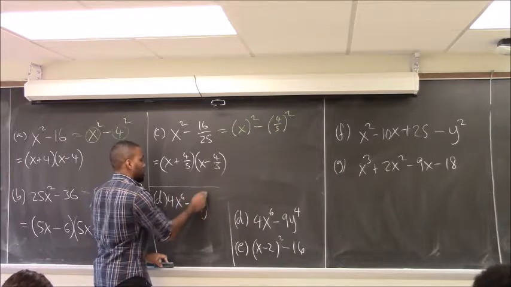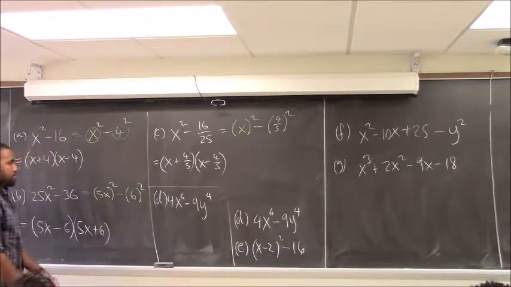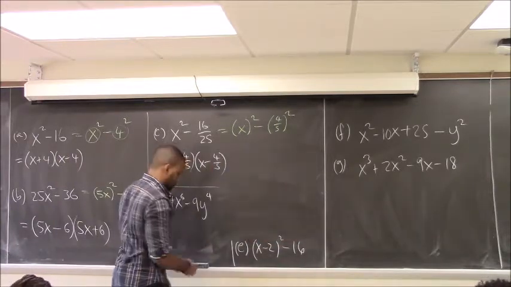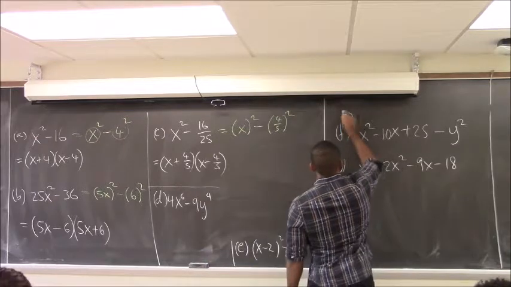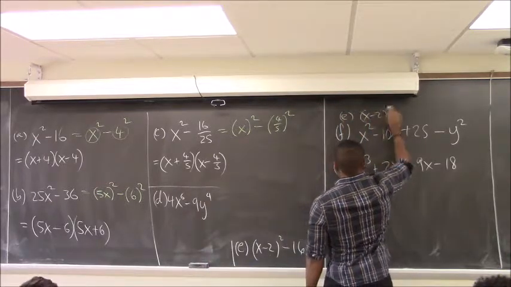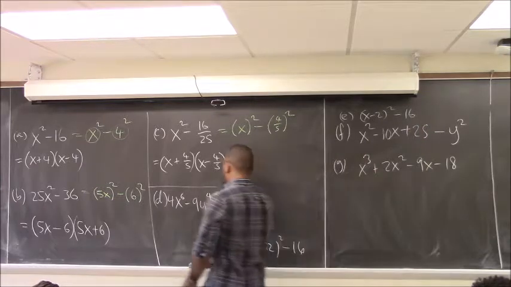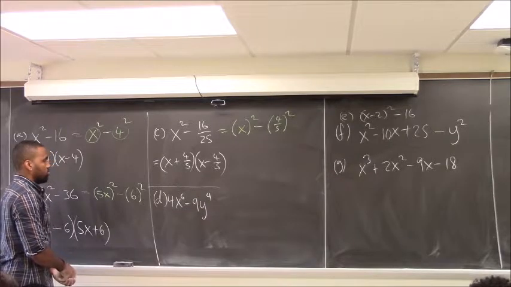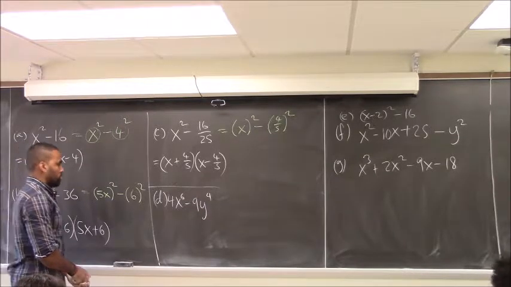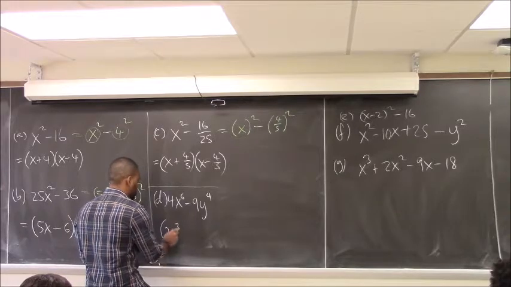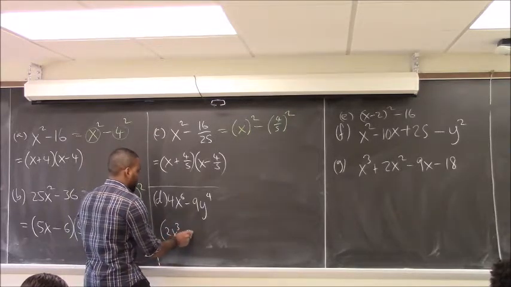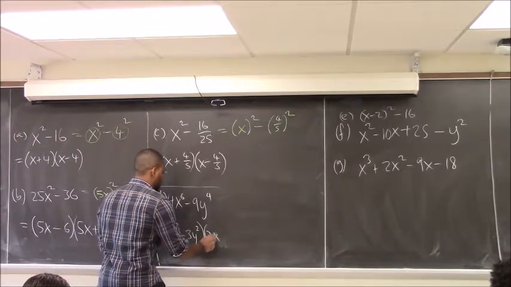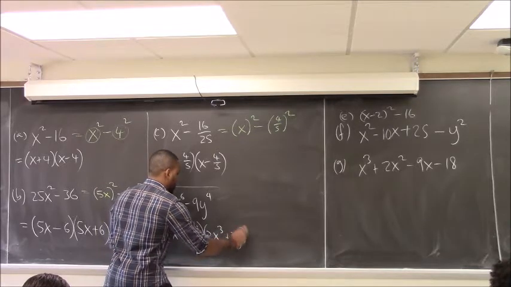Let's look at this one. It gets a little crowded over here, I'm going to have to erase this right away. Okay, this one: 2x cubed minus 3y squared, and then 2x cubed plus 3y squared.